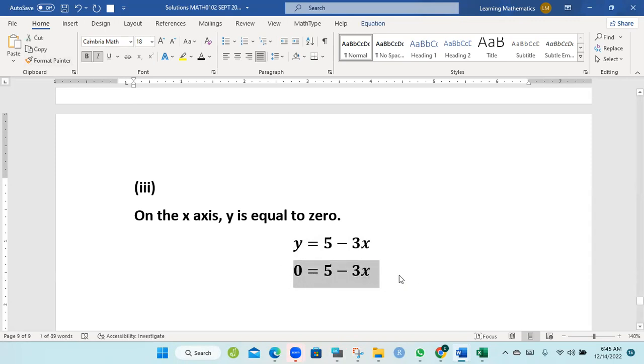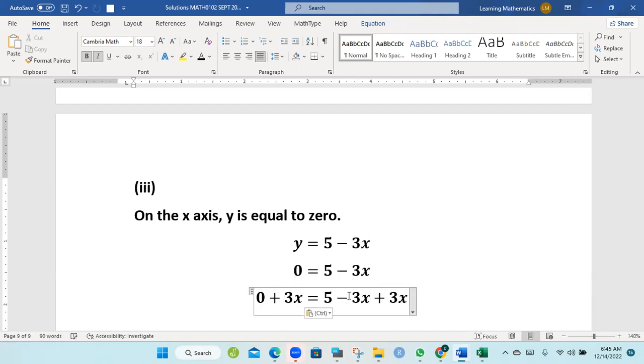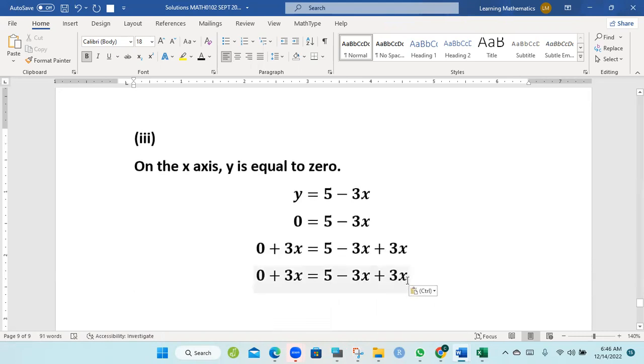Now here, x is negative on the right side, so let's make it positive by adding 3x on the right side. But if we add 3x on the right side, we have to add 3x on the left side also, so that we can cancel out negative 3x from the right side and make it positive on the left side. We have 3x is equal to 5.